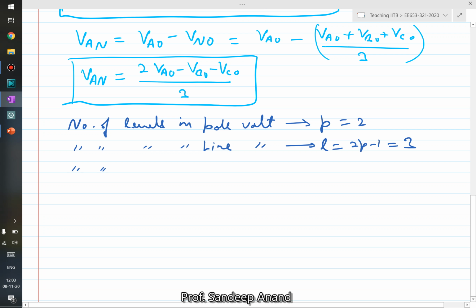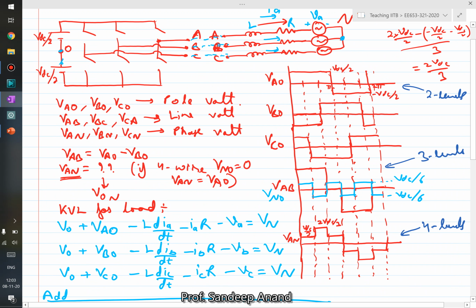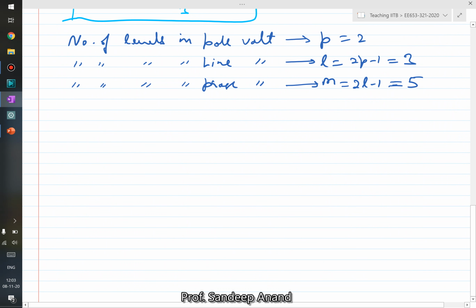And the number of levels in phase voltage, we call it M, which is 2L minus 1, which is 5. Now you might say that there is something wrong with this formula, because we just saw that the number of levels we have in the phase voltage is 4, but here you are saying it's 5.